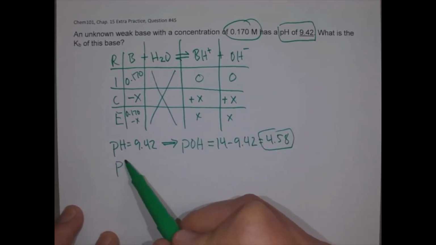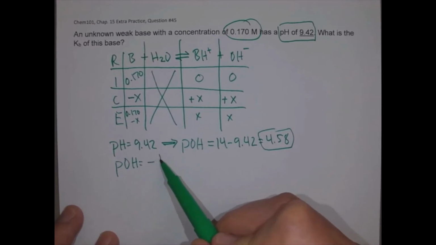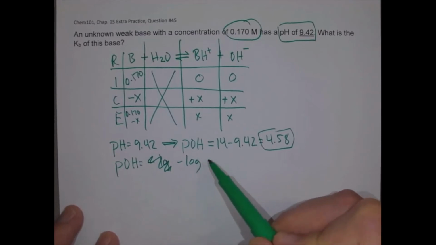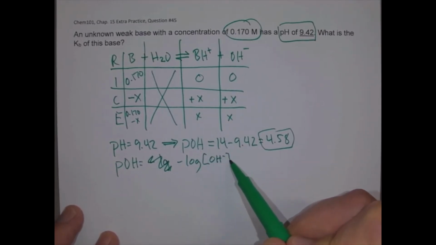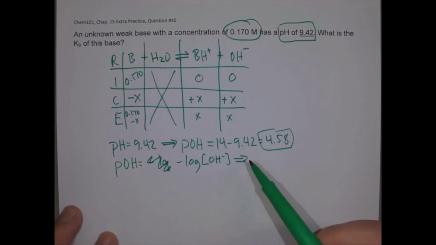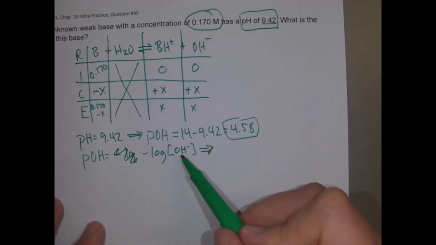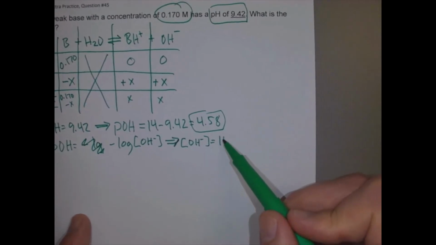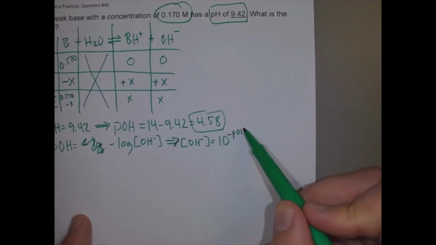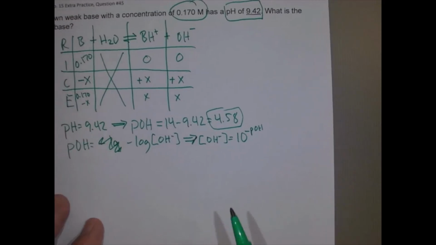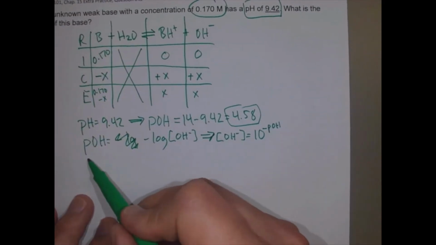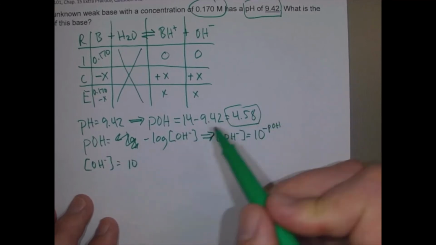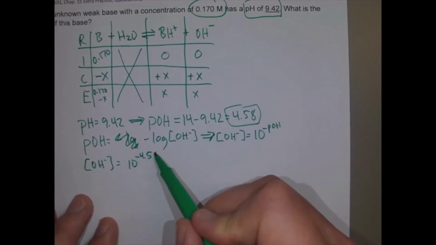And the other thing I know about pOH is that it's equal to the negative log of the hydroxide ion concentration. Okay, so therefore, if I want to find the hydroxide ion concentration, it's equal to 10 raised to the power of the negative pOH. So in this case, that means that the hydroxide ion concentration is equal to 10 raised to the power of negative 4.58.